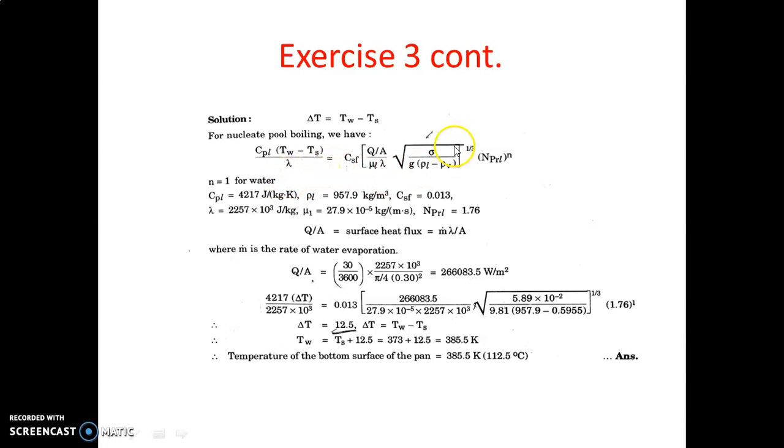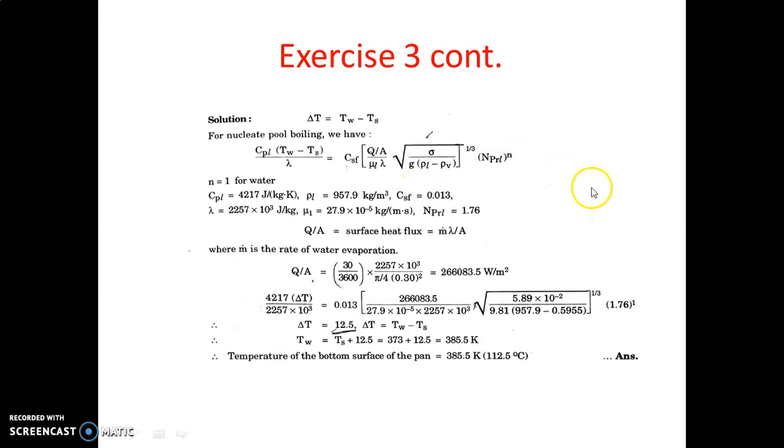We have discussed it earlier: CPL into TW minus TS divided by lambda is equal to CSF into the square bracket of q by A, mu L into lambda, multiplied by the square root of sigma divided by g into rho L minus rho V, the whole bracket having the power 1 by 3, multiplied by Prandtl number to the power n. So we have to put the values here and then calculate the surface temperature.